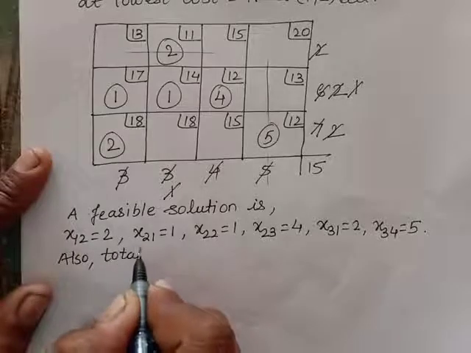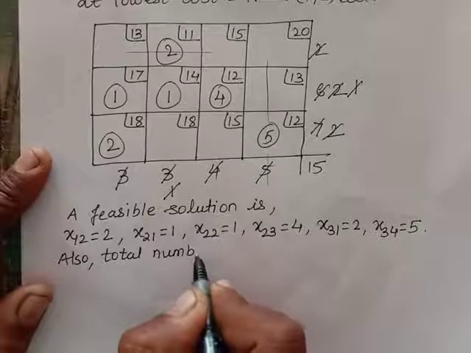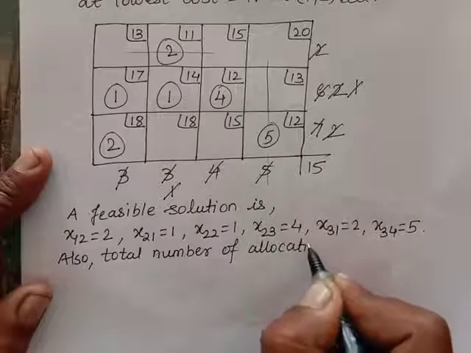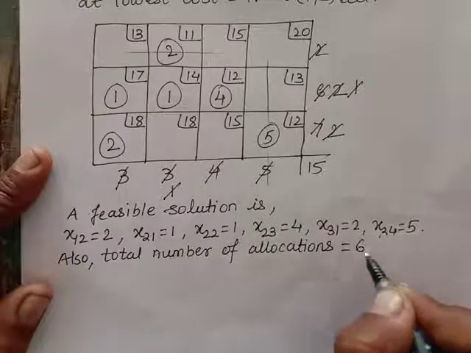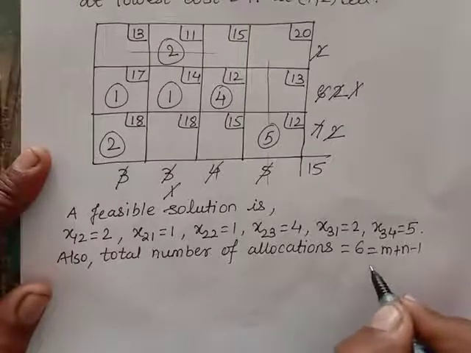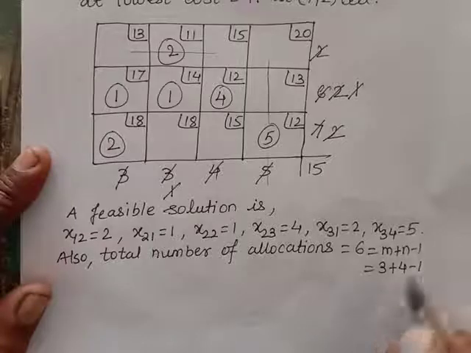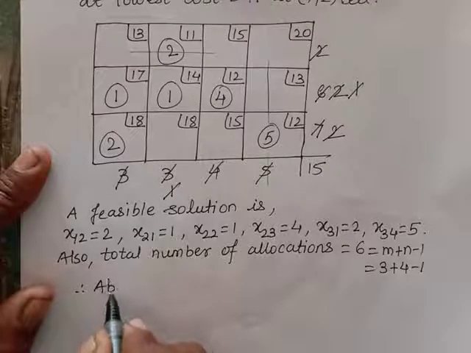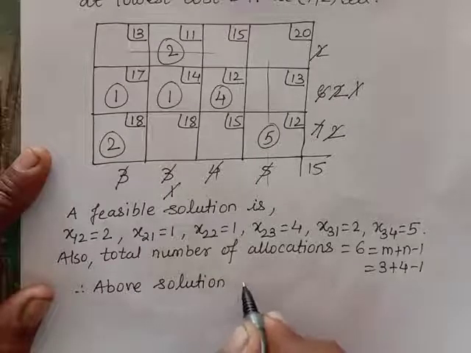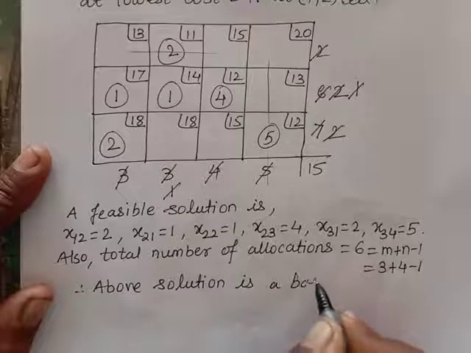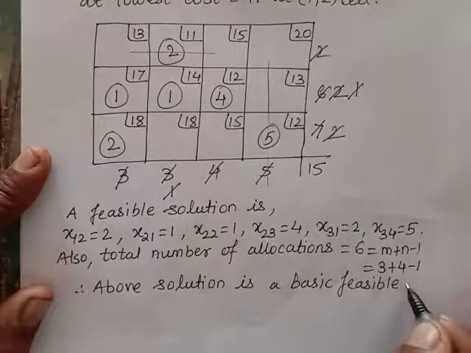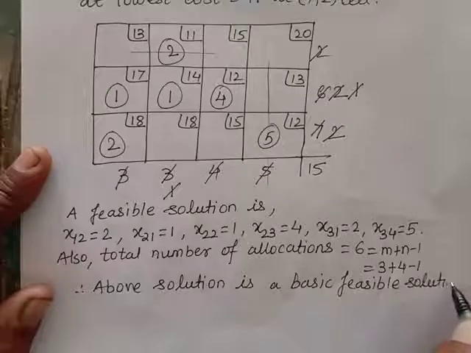Also, total number of allocations equal to 6 equal to m plus n minus 1, that is 3 plus 4 minus 1. Therefore, above solution is a basic feasible solution. Okay.